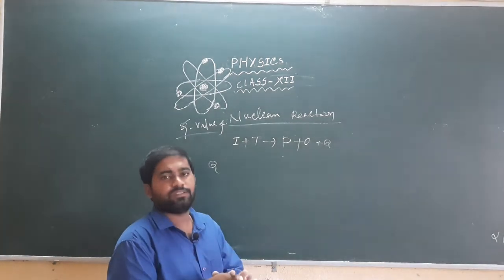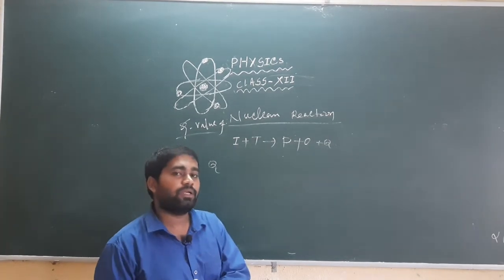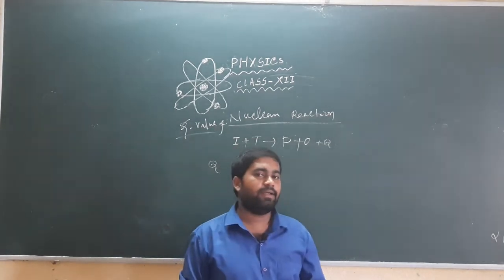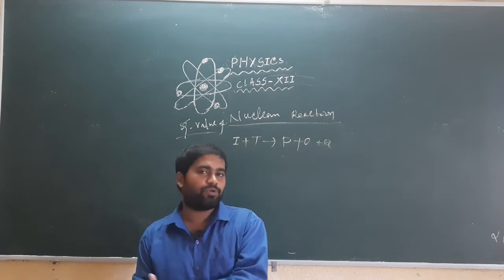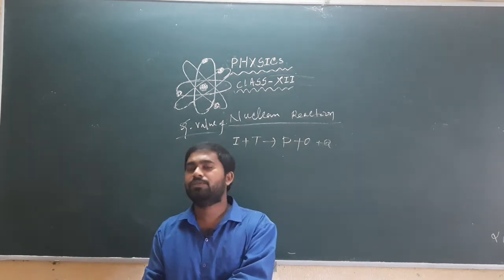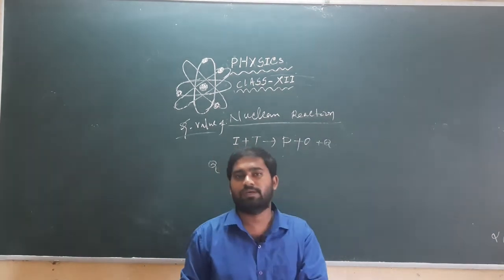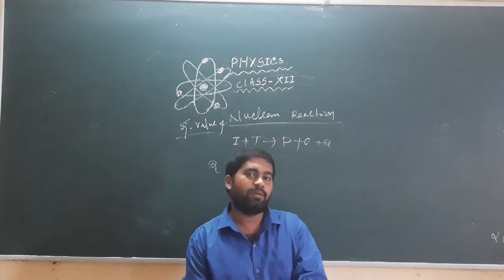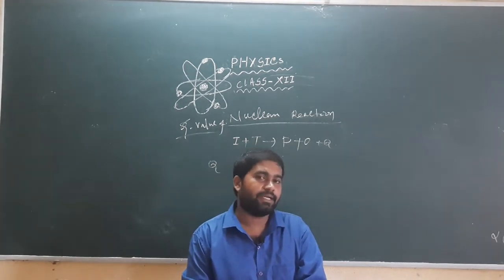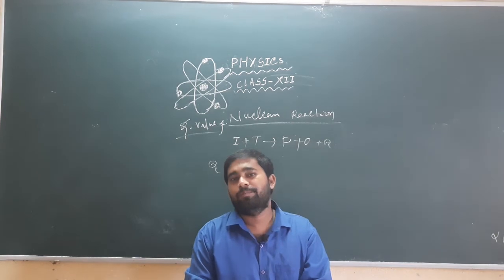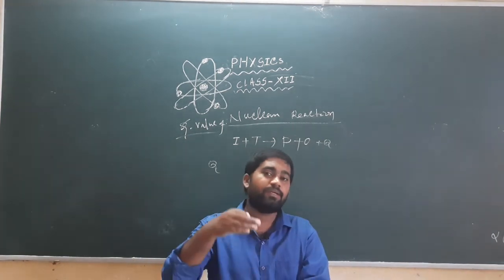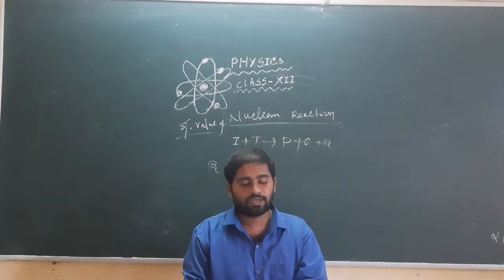There is a difference in energy between the reactant side and the product side. The Q value means there is always an energy difference, a change of energy. It may be positive or negative, depending upon the nuclear reaction.